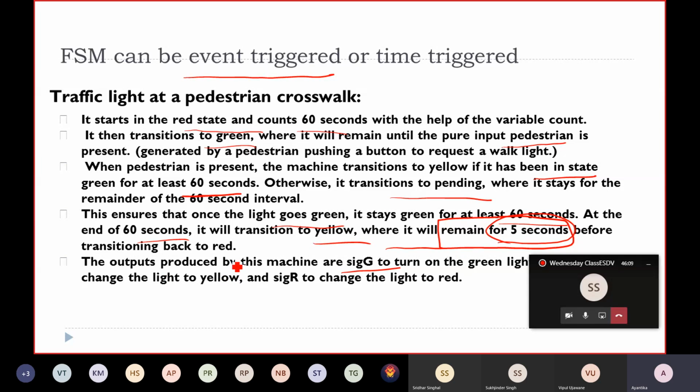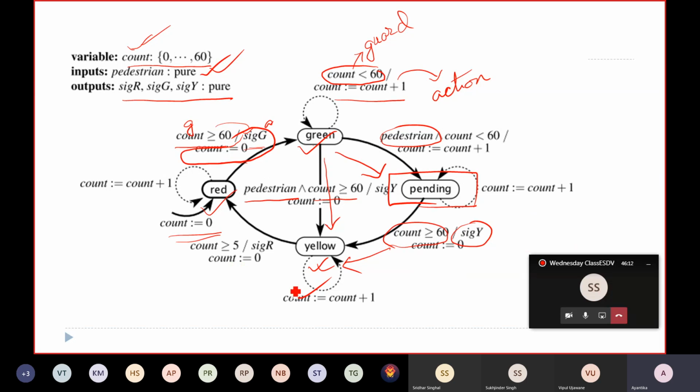So according to that, I have set the count value as greater than or equal to 5. That I am checking, and from this I'm making a transition from yellow to red. That means that in spite of the fact that I have defined the count according to the variable type from 0 to 60, so it can take a maximum of 61 values, here I'm just considering up to 6 values.